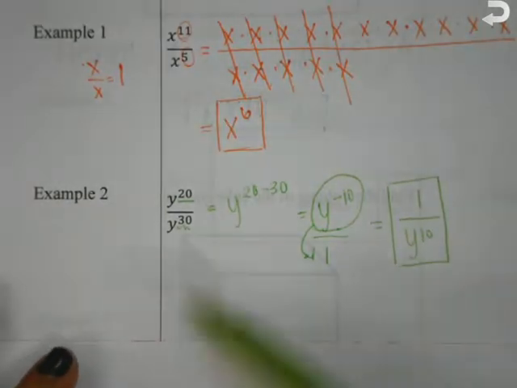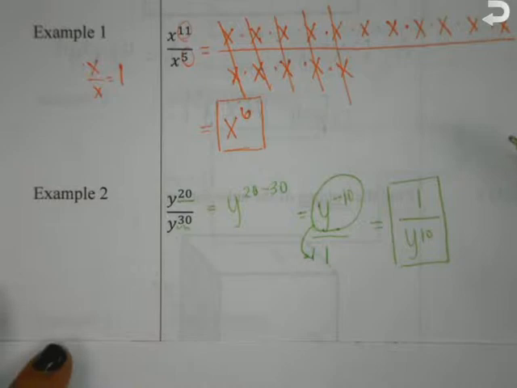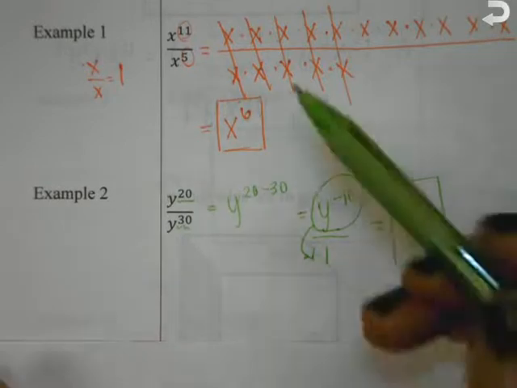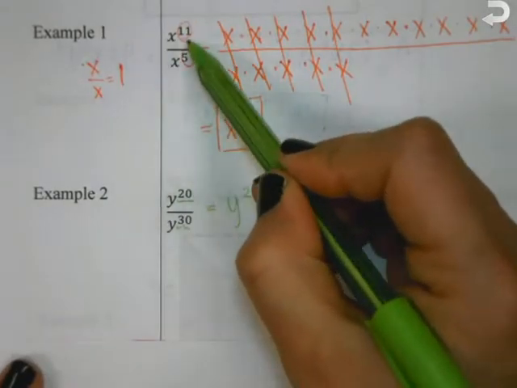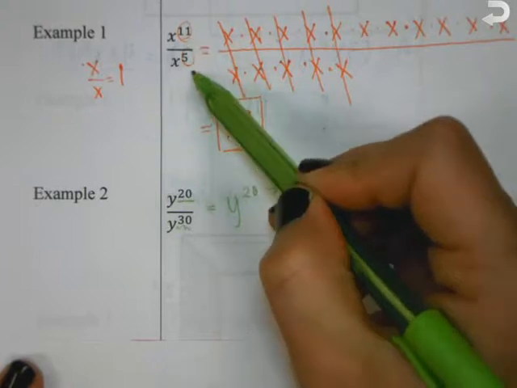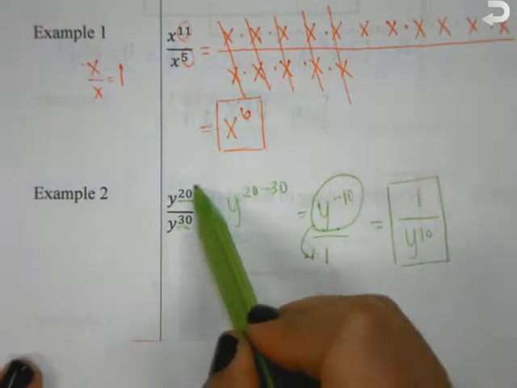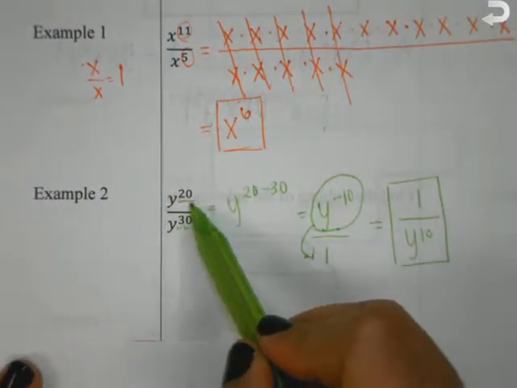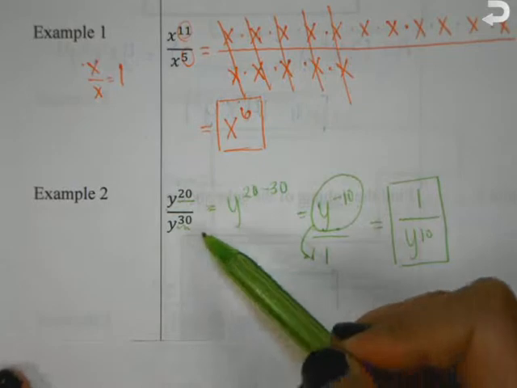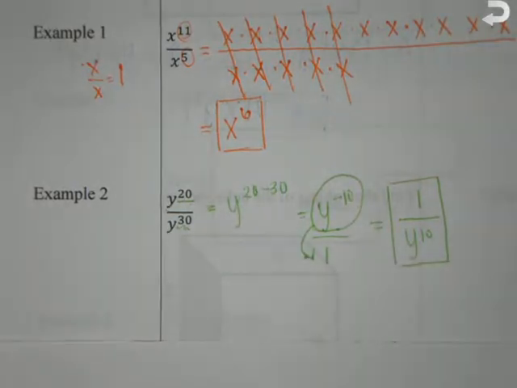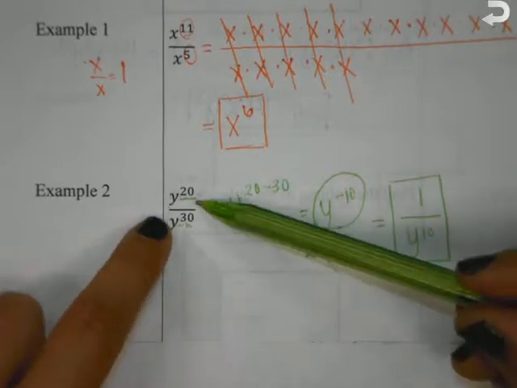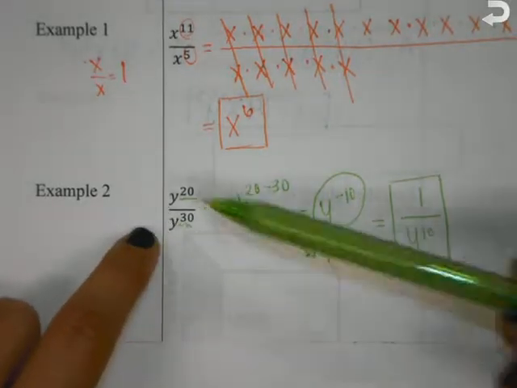Great. That's exactly what I wanted you guys to notice. In example 1, the exponent in the numerator is bigger than the denominator. In example 2, the exponent in the numerator is smaller. So, what conclusion can we draw from that? It's going to be negative if the top number is smaller, which means that our answer is going to show up on the bottom.